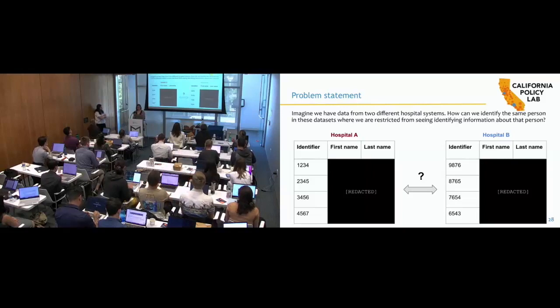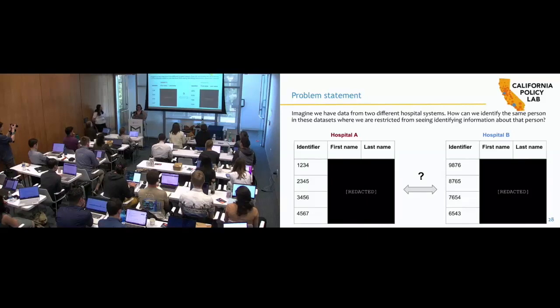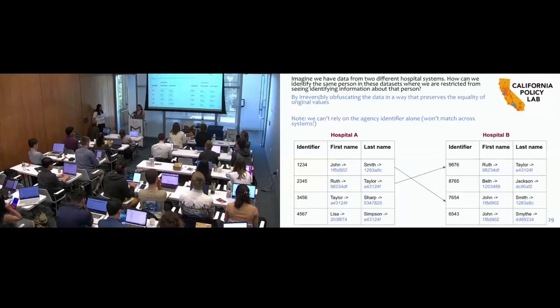Imagine an example where we're trying to link data from two different hospital systems about patients in those hospital systems. How can we identify the same person when we're not able to see the PII? The solution that Karla alluded to in the first half of this presentation is that we first hash the data so we can't see the underlying values and then try to link.